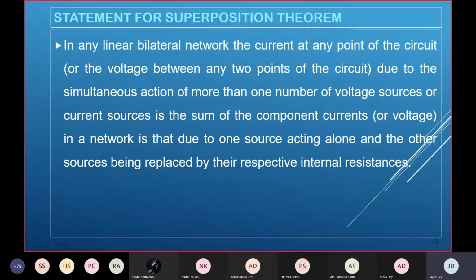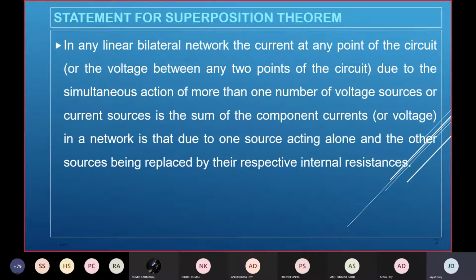Now superposition theorem is applicable for both DC and AC networks, and it is not only for the current flowing through any point in the network, but also for measurement of voltage across any two terminals or across any branches of the network.